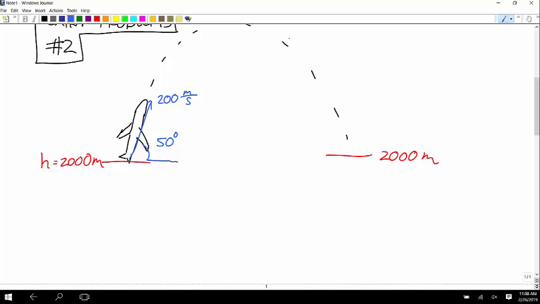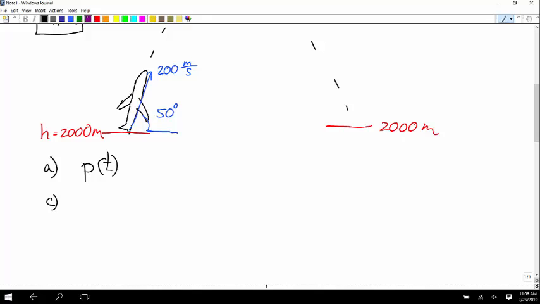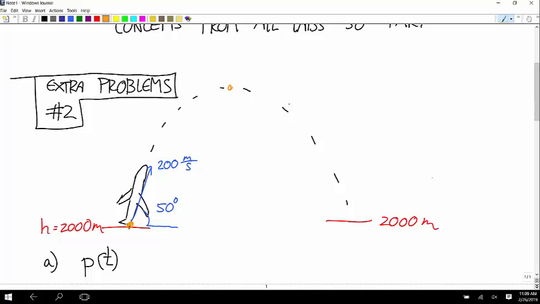And we want to calculate a few things. First, calculate the position vector as a function of time. Sketch the path of the plane. Calculate the velocity vector at a few different points, and those points are at the start, at the highest point, and at the end.